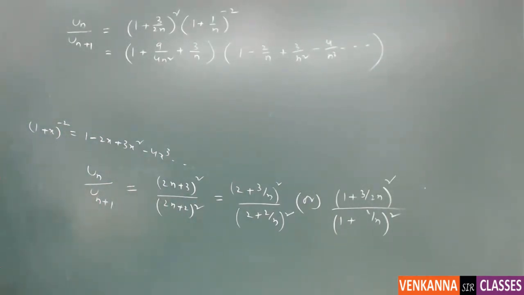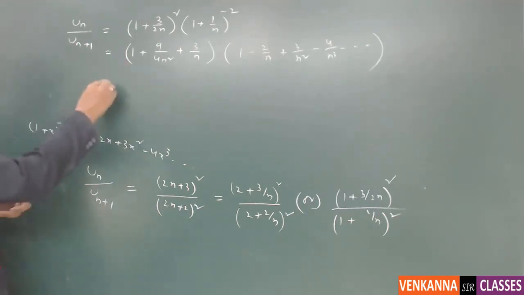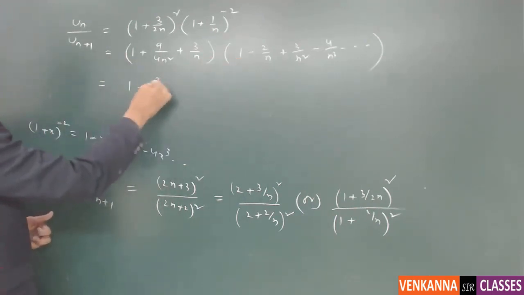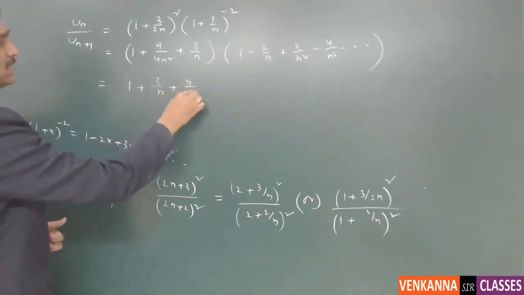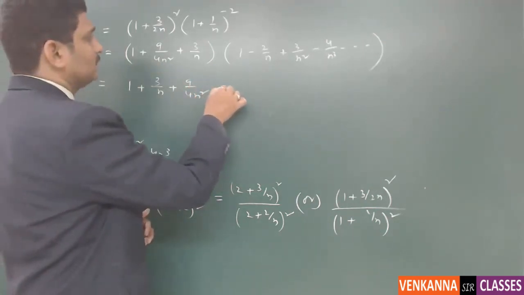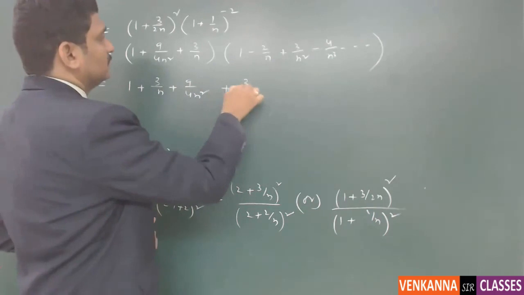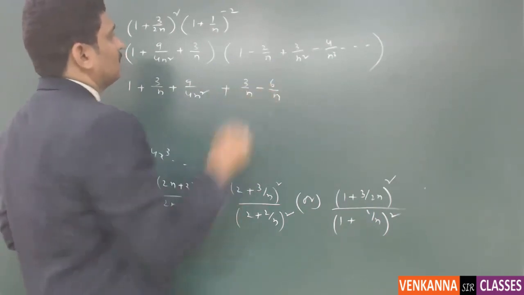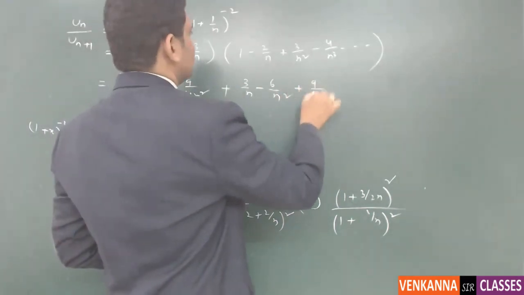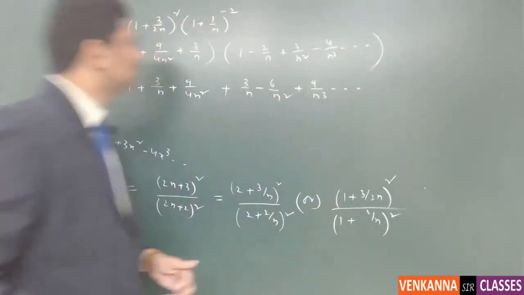Now, if you multiply the terms with this, all the values get multiplied with 1. So 1 plus 3 by n plus 9 by 4n square. Then if you multiply with 3 by n, it is going to come as 3 by n minus 6 by n square plus 9 by n cube and so on.